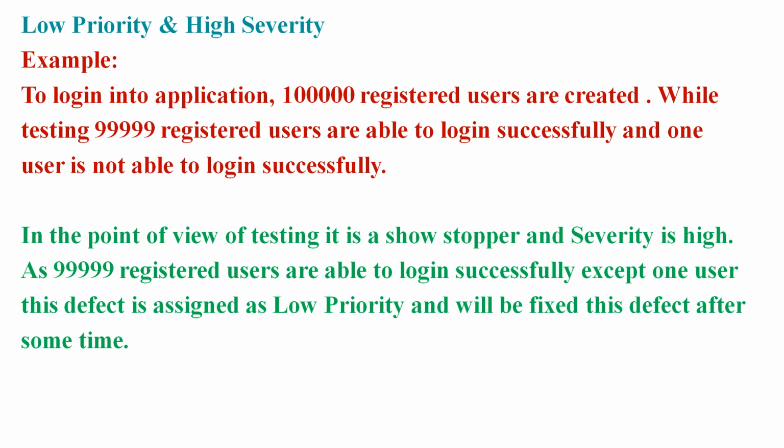That means, out of 1 lakh users, only 1 user is not able to log in successfully because there is a defect for 1 registered user. The rest of the 99,999 users are able to log in successfully and they can do these operations.